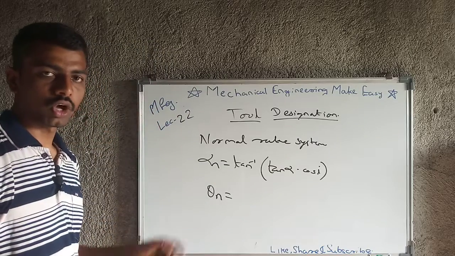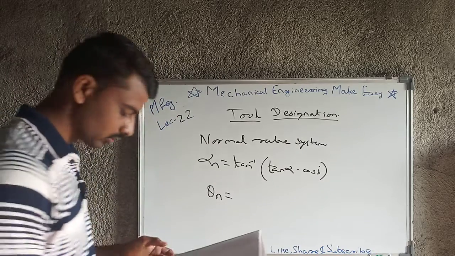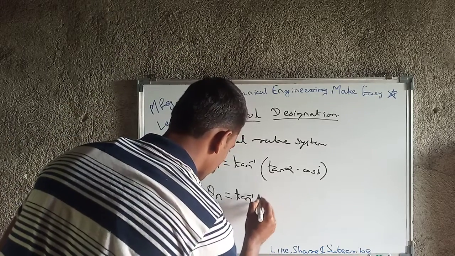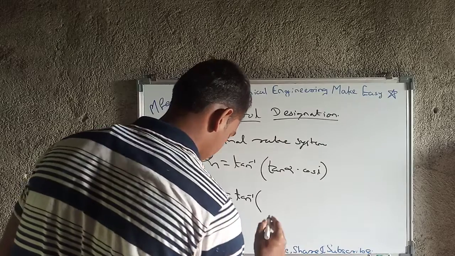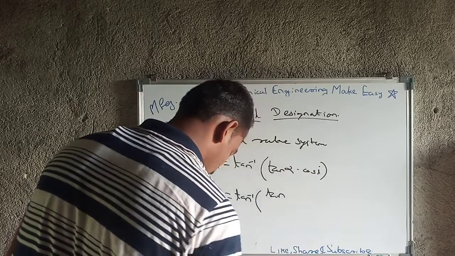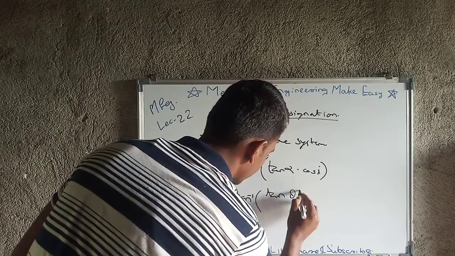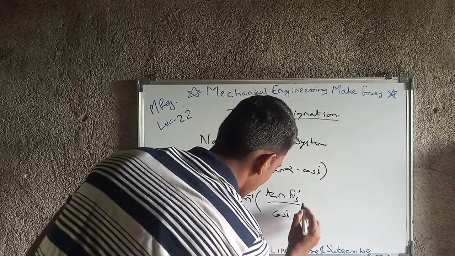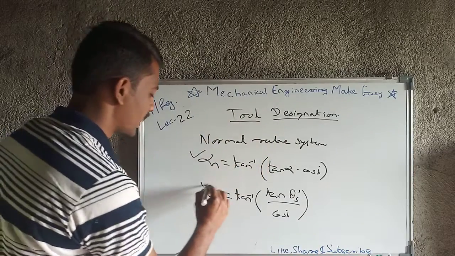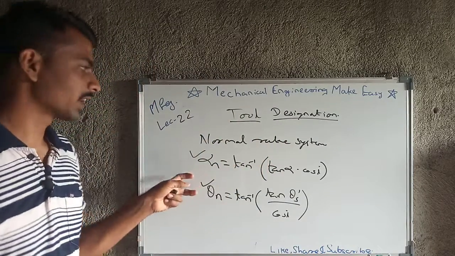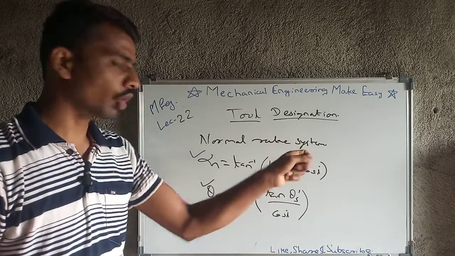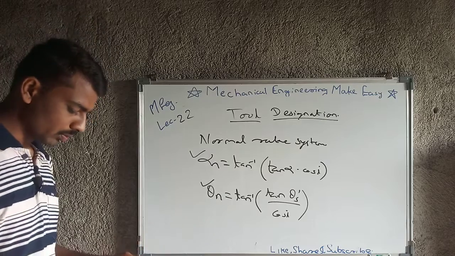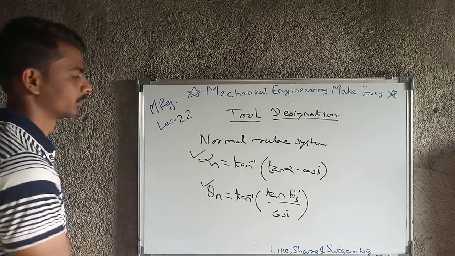Theta n is nothing but the normal clearance angle, which also has a formula, that is tan inverse of tan theta s dash divided by cos i. So alpha n and theta n are the two parameters that are important while we move with the normal rake system. Note down these two formulas, and then we will move towards another parameter.